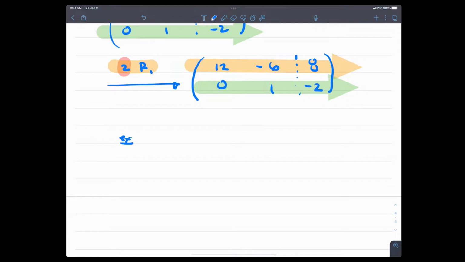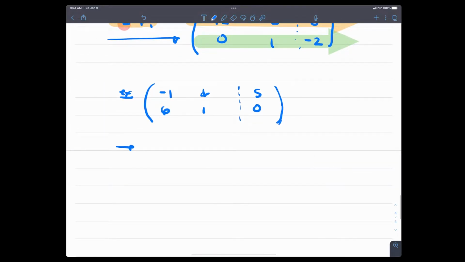If I had here negative 1, 4, positive 5, 6, 1, and 0 here. I'm going to say take the number negative 3 and multiply it to row 2. What's your new matrix going to be?